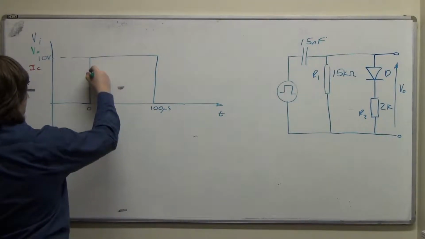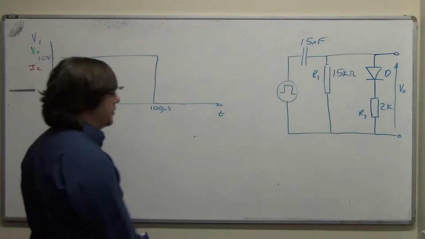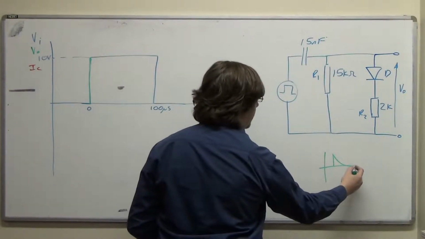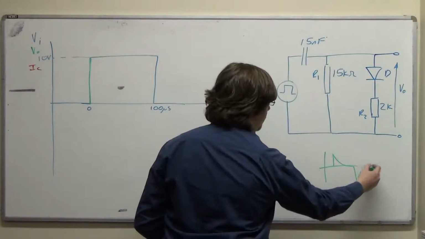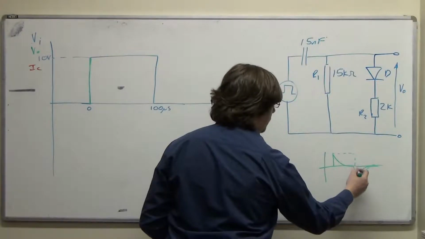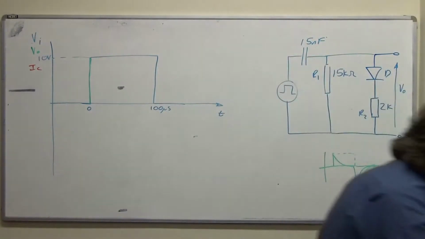If you think about a standard high pass network, its output voltage with time is like that for an input that was like that. So that's where that's appeared from.